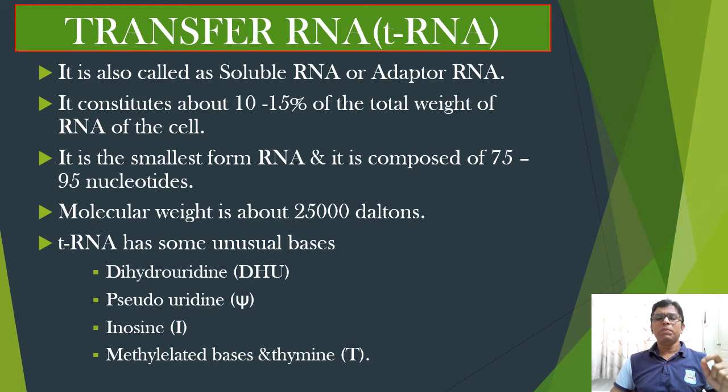These unusual bases are formed after transcription by modification of usual bases: adenine, thymine, cytosine, and guanine. Due to modification of normal bases, these unusual bases are formed in the tRNA molecule.